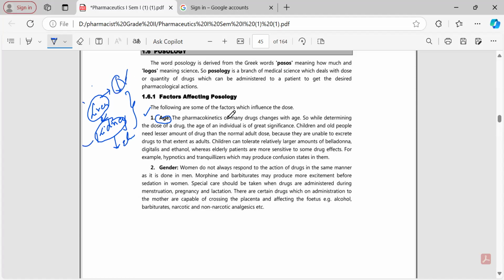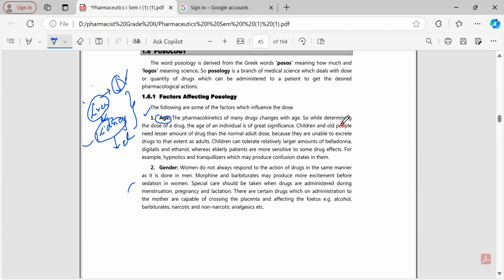These are the two reasons why the dose of the drug in children is very less. Pharmacokinetics of many drugs changes with age. So while determining the dose of the drug, the age of an individual has great significance. Children and even old age patients should be given lesser amounts of doses. What is the reason why children and old age patients are given lesser doses?